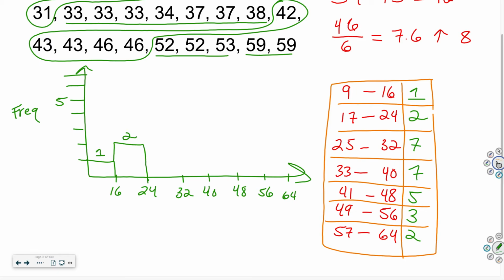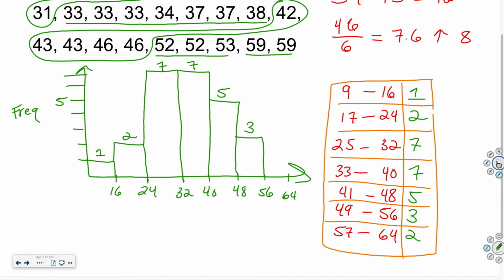Third interval, 7. The one next to that is also 7. 5, 3, and 2.